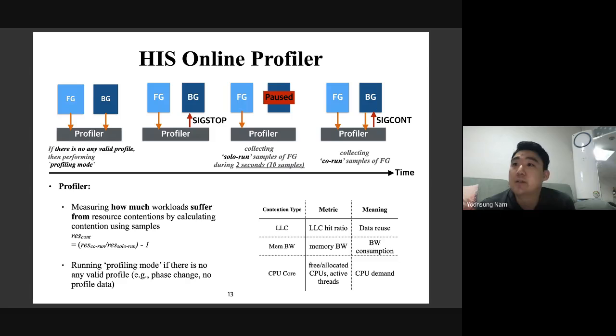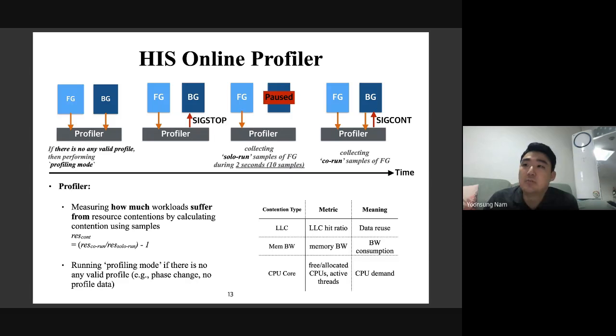It utilizes signals such as SIGSTOP and SIGCONT, and uses SIGSTOP to pause the background one. Then the profiler can collect the solo samples of the foreground workload during predefined seconds.